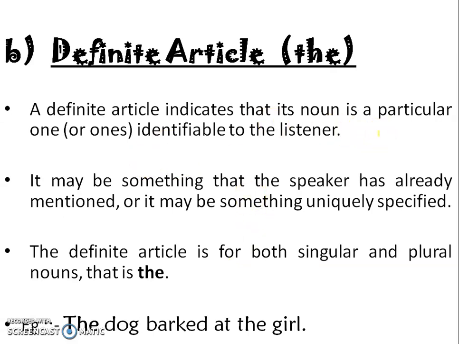So moving to the next one, that is the definite article. Definite means very particular, right? That is, 'the' means the listener identifies that it is the particular one. So here, the dog barked at the girl. There is one particular dog which was barking at the girl, right?